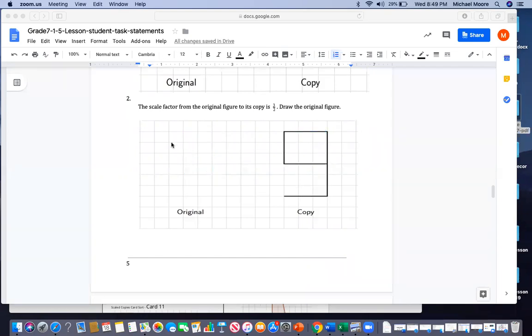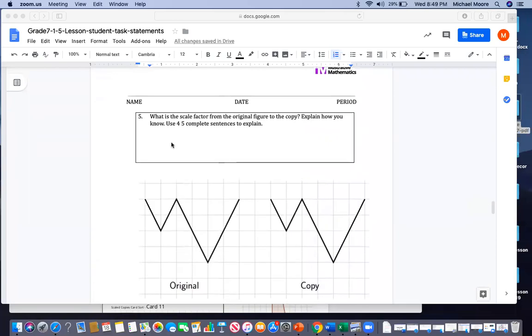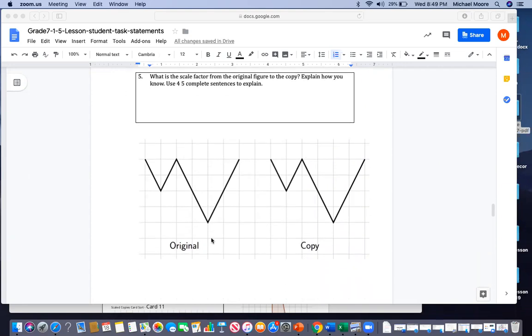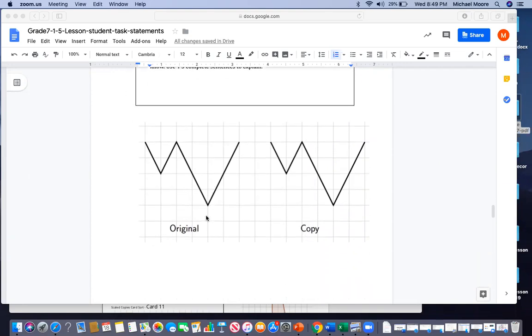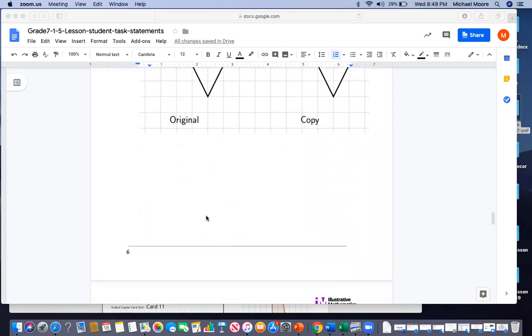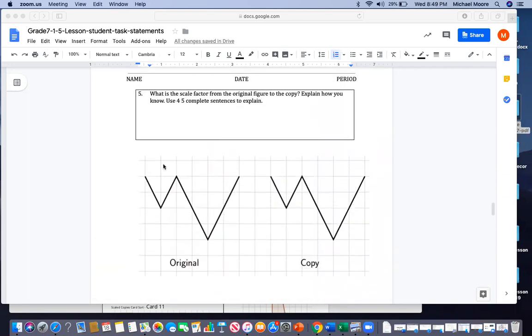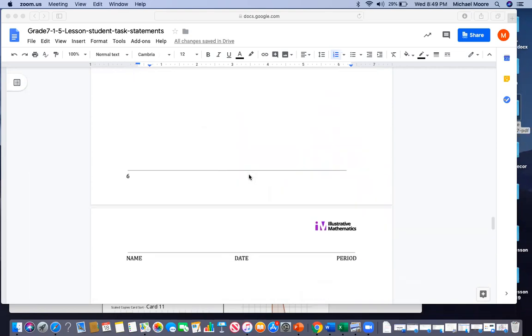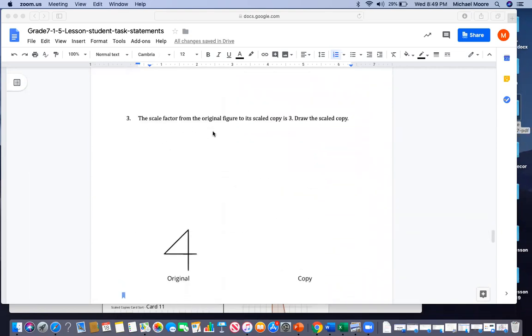All right. And as we move on, what is the scale factor? This original figure, we can see that the side unit measurements are all corresponding. So these units equal 1. So this is a scale factor of 1, because you can see the side measurements are all the same. As we move on, we have to increase this figure by 3.